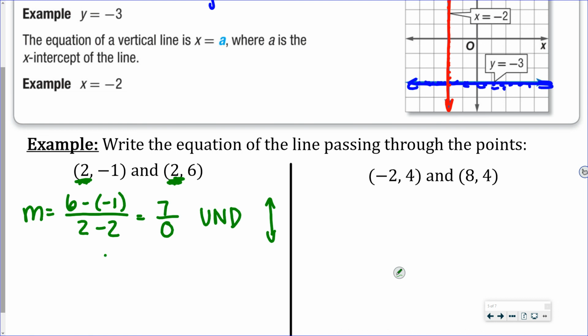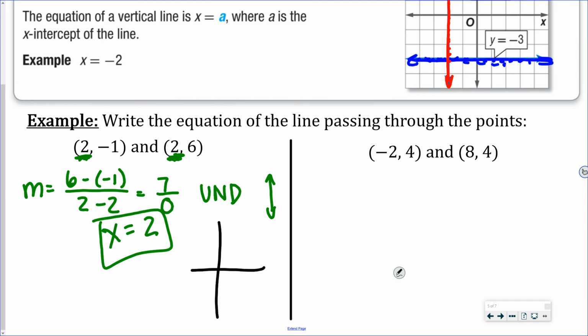So the equation of that line is always going to be x equals 2. And think about it. If you were to plot those points, this would make sense. I have 2, negative 1 here. 2, 6 is here. So the one line that goes through both points would be that vertical line where x is always 2.